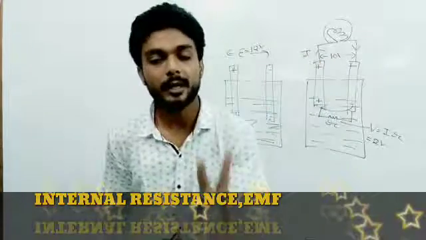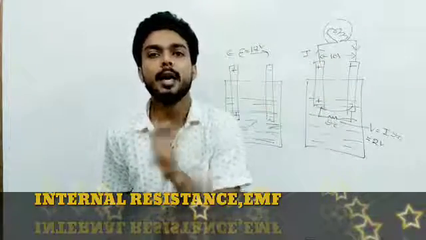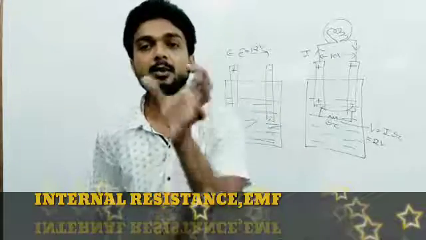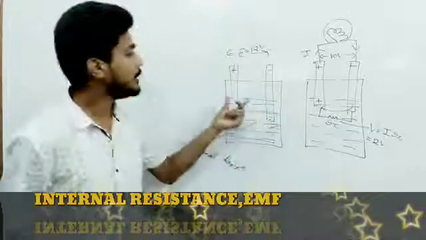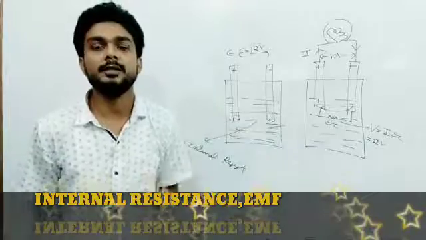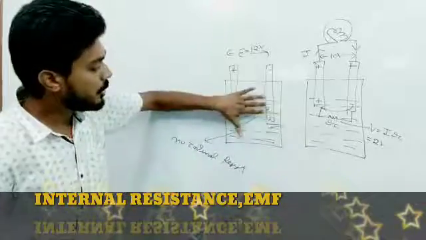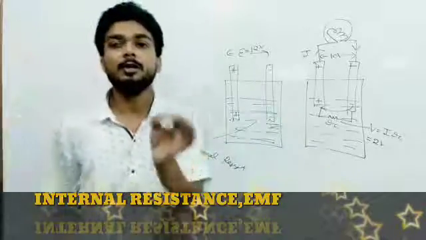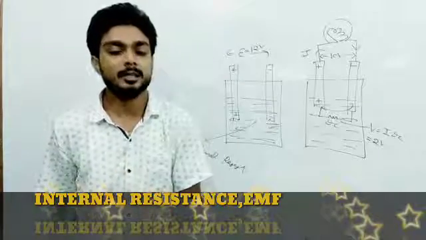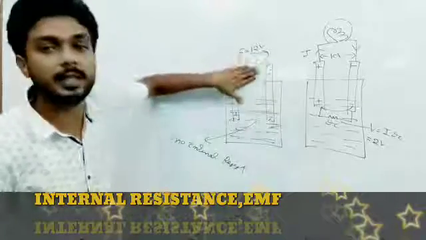Then there are two words, EMF and terminal voltage. EMF is the actual strength of the cell, the actual potential difference of the cell when you do not draw any current, or when the cell is in open circuit.